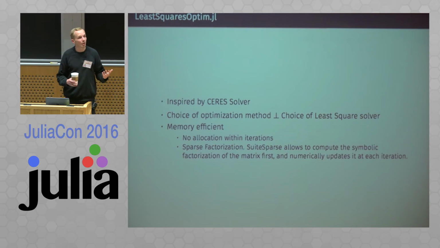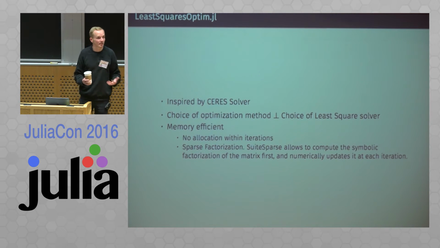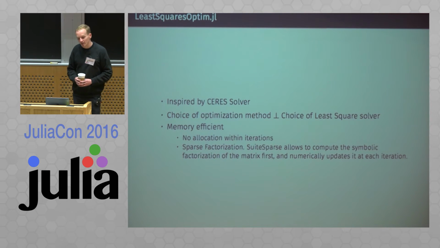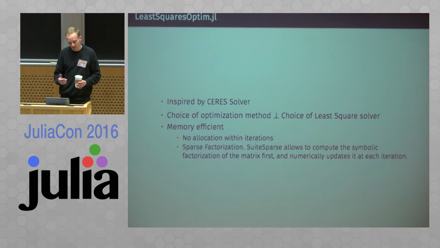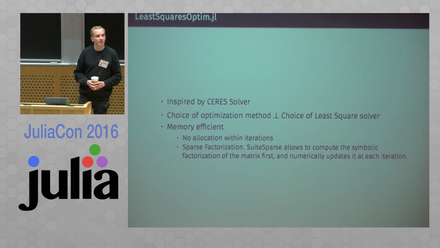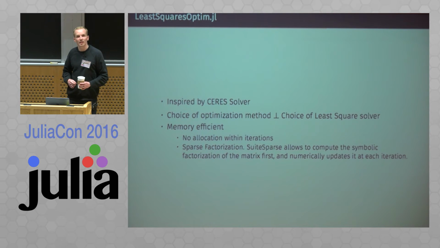In this problem, generally the gradient matrix is very big, so everything is made to avoid allocations within each iteration. If you use sparse factorization, you can compute the symbolic factorization at the beginning, and then you just need to update the factorization numerically, but you don't have to recompute the whole factorization at every step.